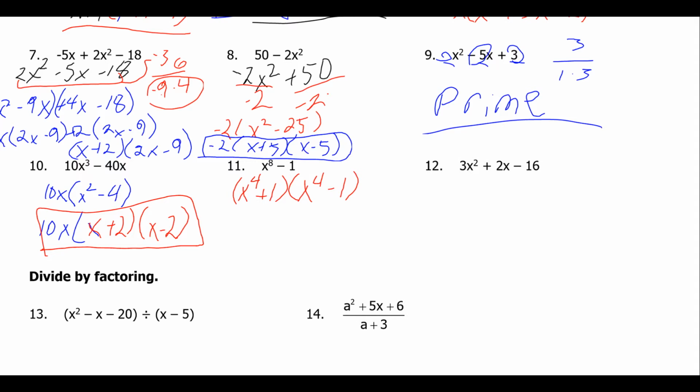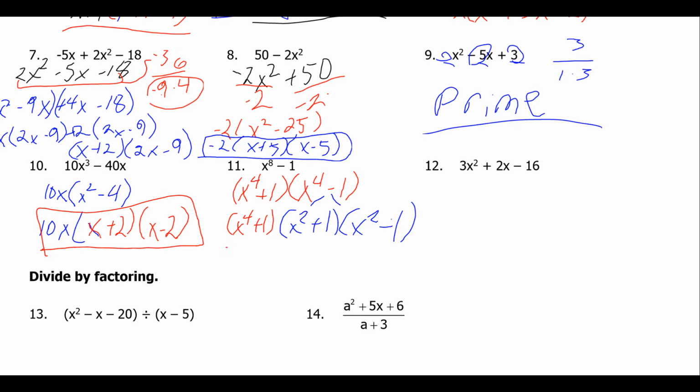Now a lot of y'all might be thinking, oh well, that's done, problem finished. Well, you're only partially right, because x to the 4th minus 1 can break apart again into x squared plus 1, x squared minus 1.